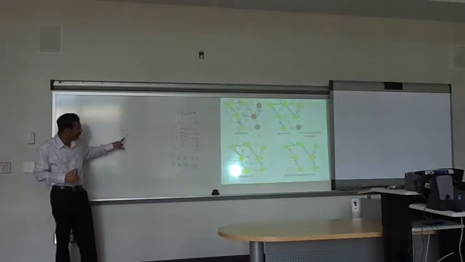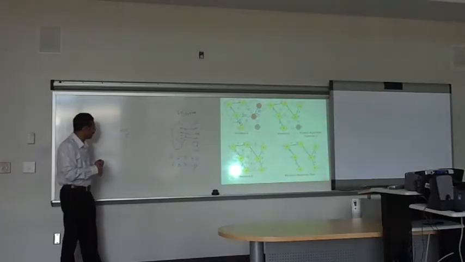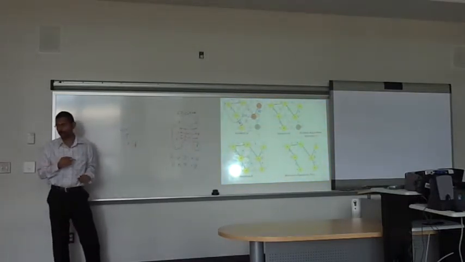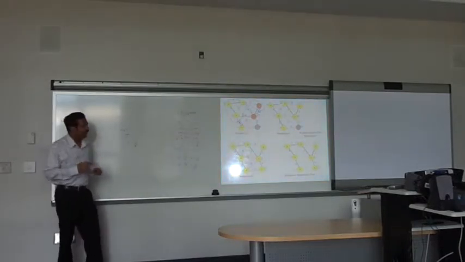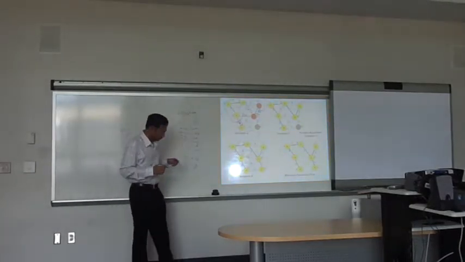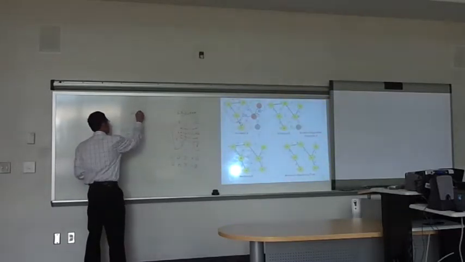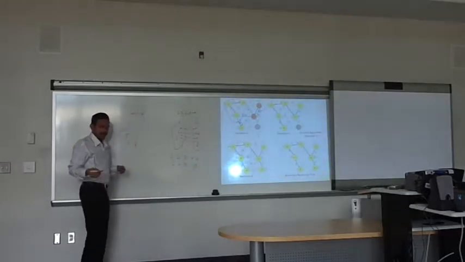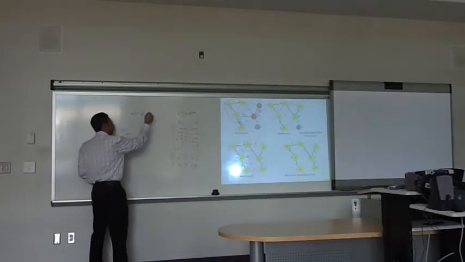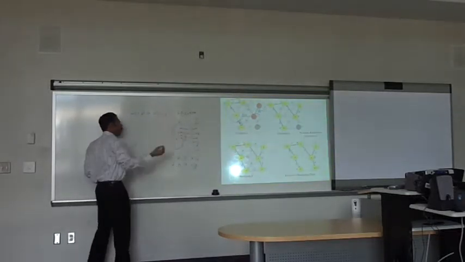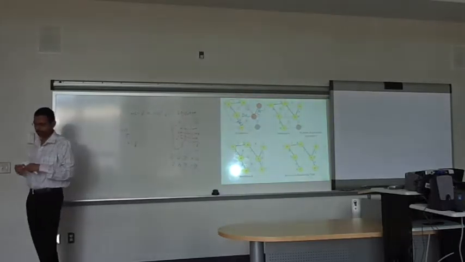So in a minimum spanning tree T, let's say I have this edge I prime J prime instead of Ij. And we know that Ij is a minimum edge weight, right? So the weight of Ij is going to be less than or equal to the weight of I prime J prime.